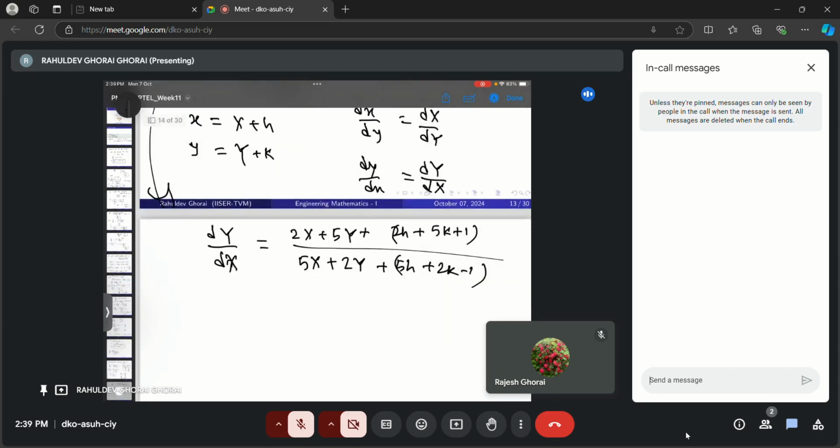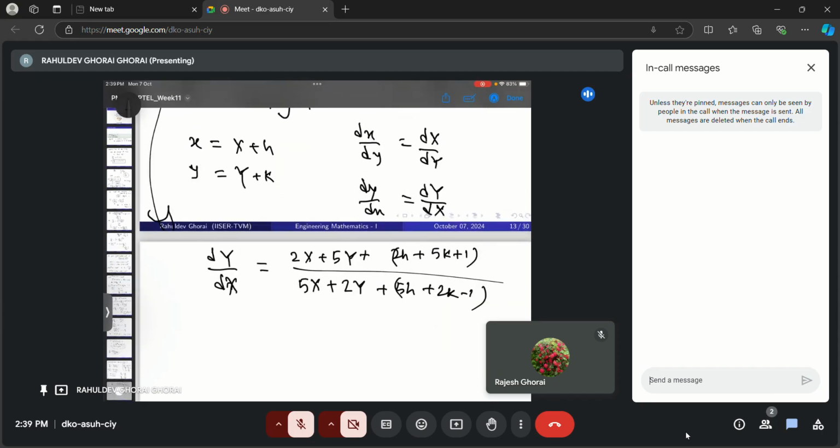Now we see that h and k are two arbitrary constants we assumed, and X and Y are the changed variables, capital X and capital Y. So we choose h and k in such a way that 2h + 5k + 1 is equal to 0 and 5h + 2k - 1 equal to 0.